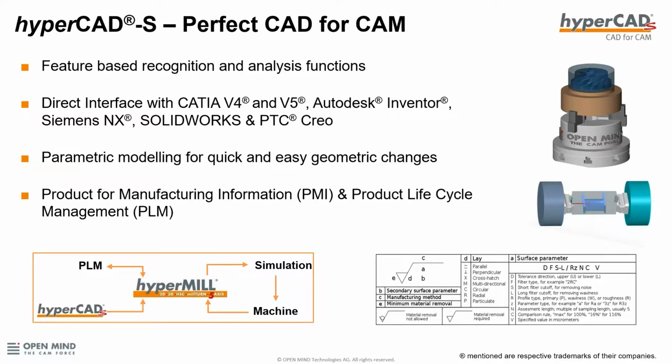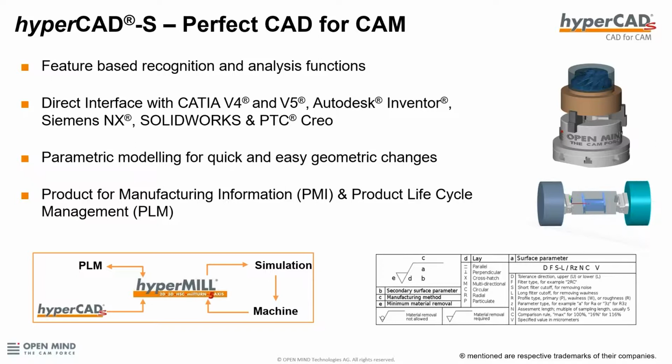HyperCAD-S also offers PMI information, product manufacturing information, which is very important for a CAM programmer to be able to do his job well when he's programming these turbomachinery parts.